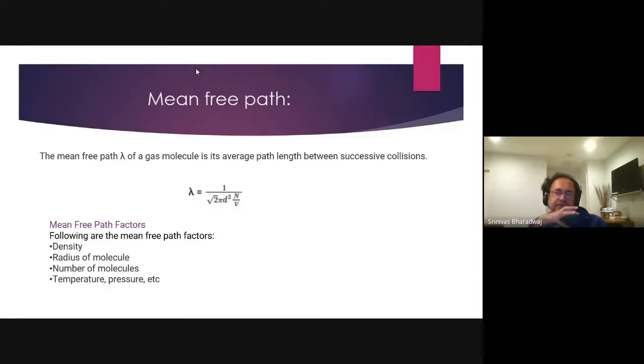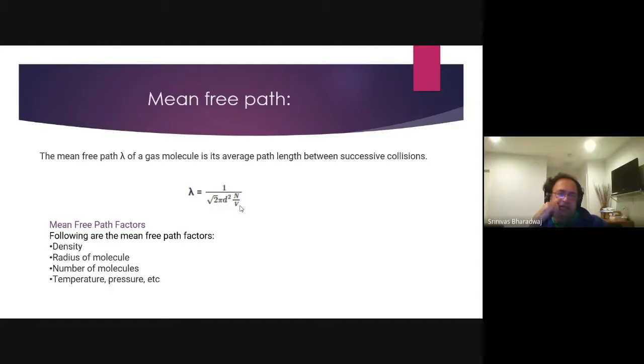The mean free path is the distance between collisions, the average path length between successive collisions. It is given by this formula: 1 by root 2 pi d squared n over v. This is a little more complicated, deriving the mean free path, but it's worth learning.